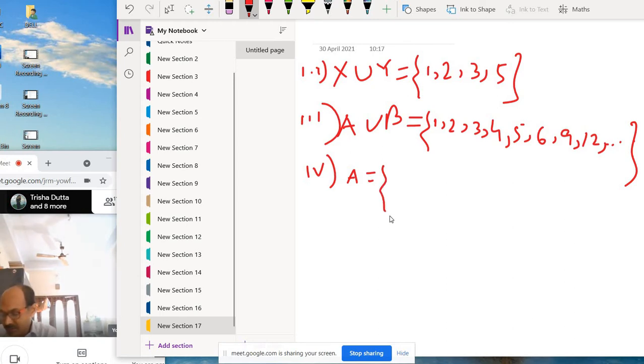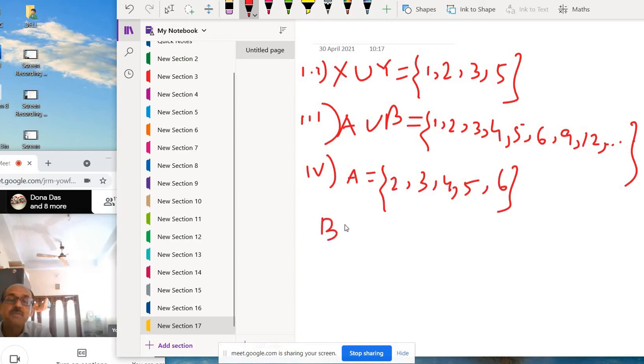After 1, start from 2: 2, 3, 4, 5, 6. Because of the less than or equal to sign, 6 is included also. So A set is {2, 3, 4, 5, 6}.